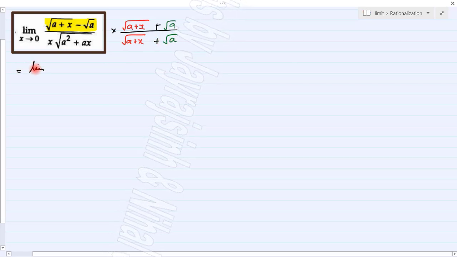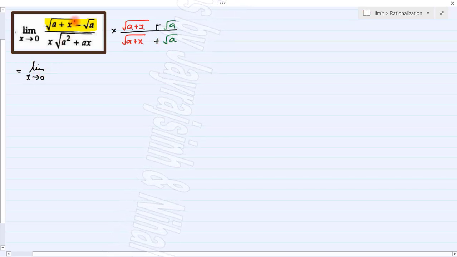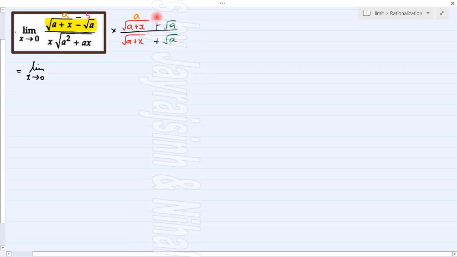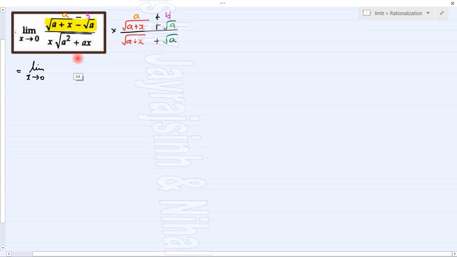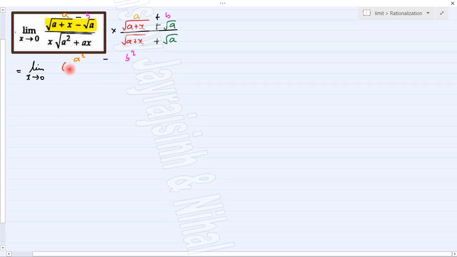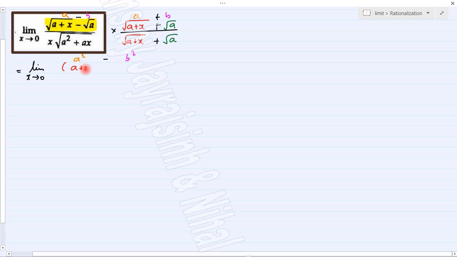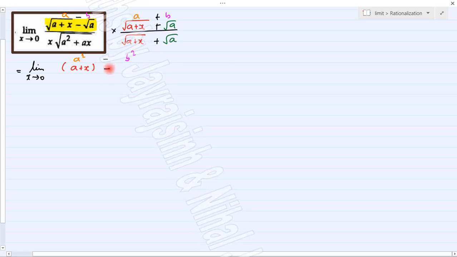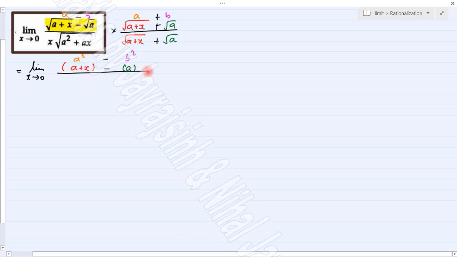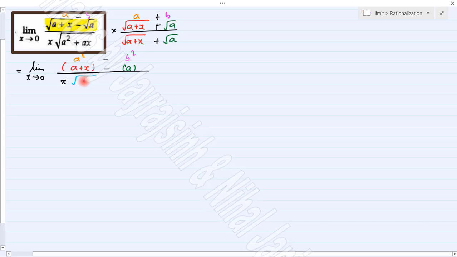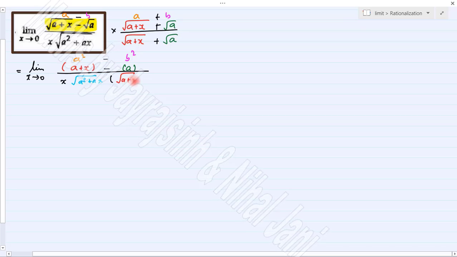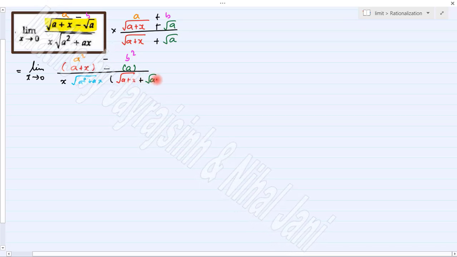Now, limit x tends to 0. In numerator we have (a minus b) into (a plus b) form, which will be converted into a square minus b square. So we will get the square of root (a plus x), which will give us a plus x, minus the square of root a, which will be a, upon, in denominator, x under root of a square plus ax, and root a plus x plus root a.